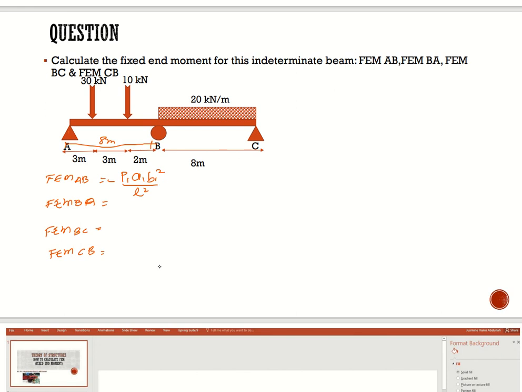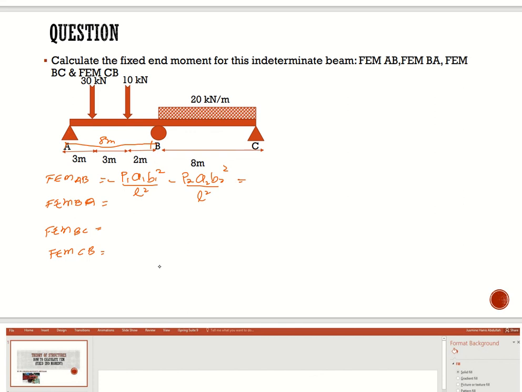And then we have the second equation, which is P2 times A2 times B2 square, and then divided by L square.